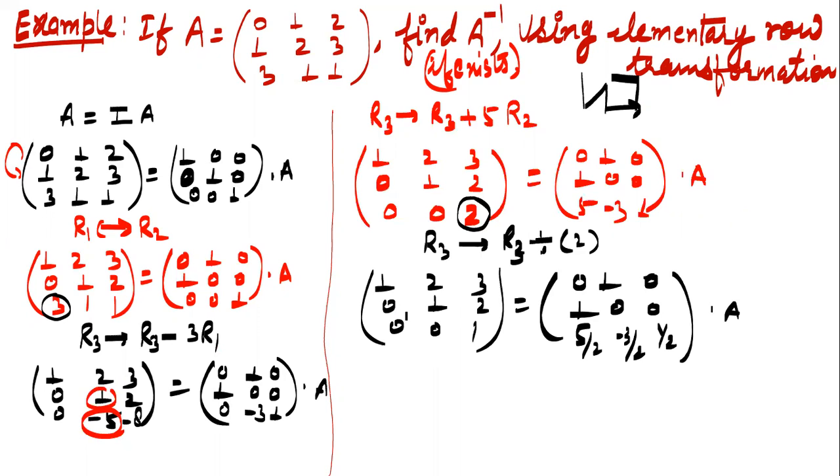Now I'll make it 0. R2. What can be done? I have made it 1 with R3 plus 5 R2. Then what I will do?